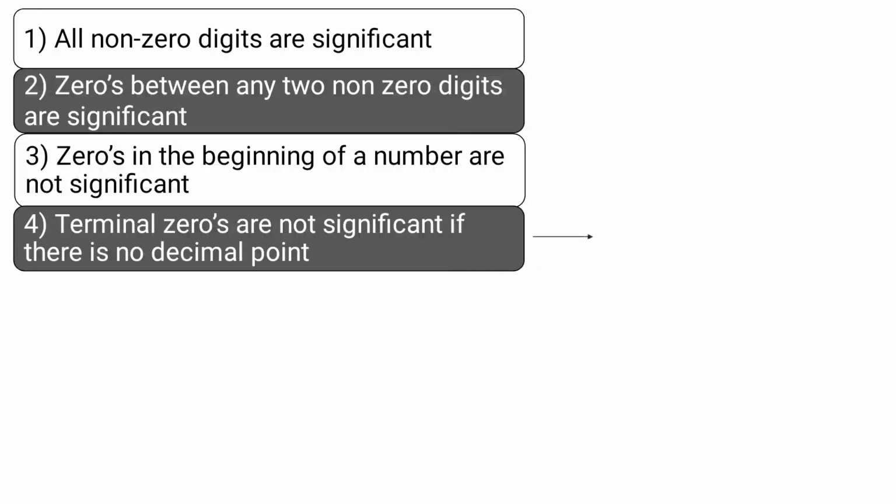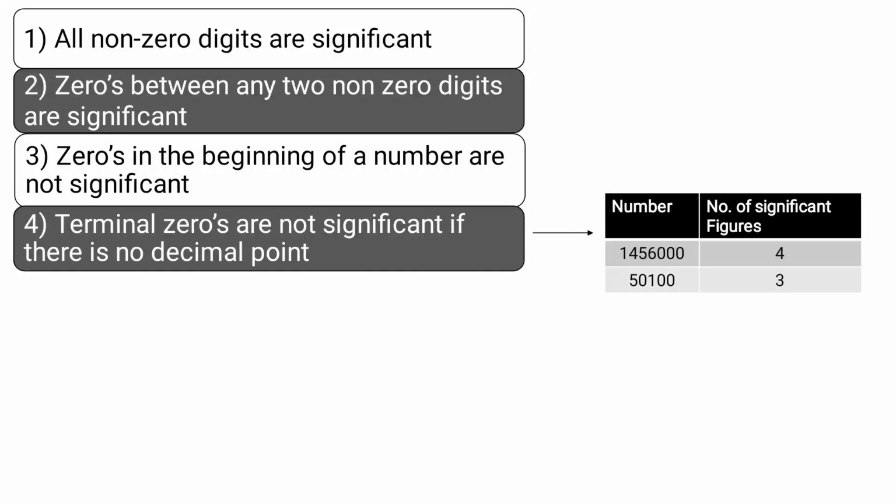There are two examples given, that is 1456000 and 50100. In both these examples, there are zeros which are present at the end, and these zeros present at the end are said to be non-significant, and in both these numbers there is no decimal point.